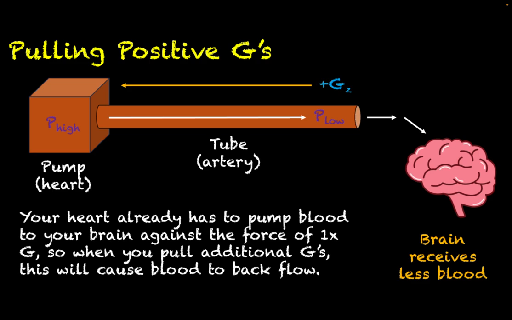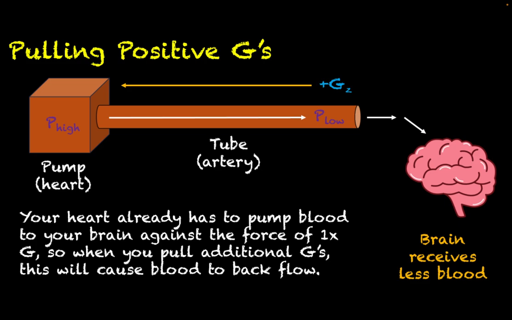So again, the thing to consider here is the cardiovascular system. Your heart is a pump. The purpose of that pump is to get blood to flow throughout the circulation. And oftentimes, especially when you're delivering that blood to your brain, that blood has to be pumped against the force of gravity.